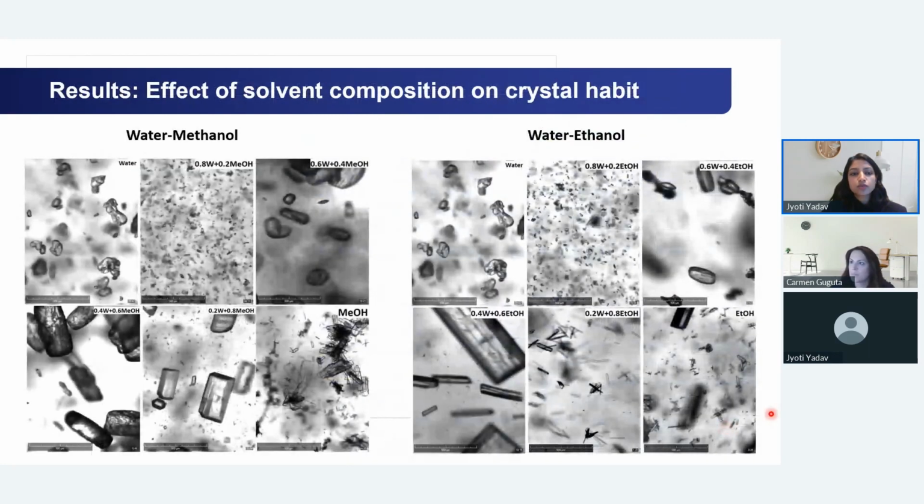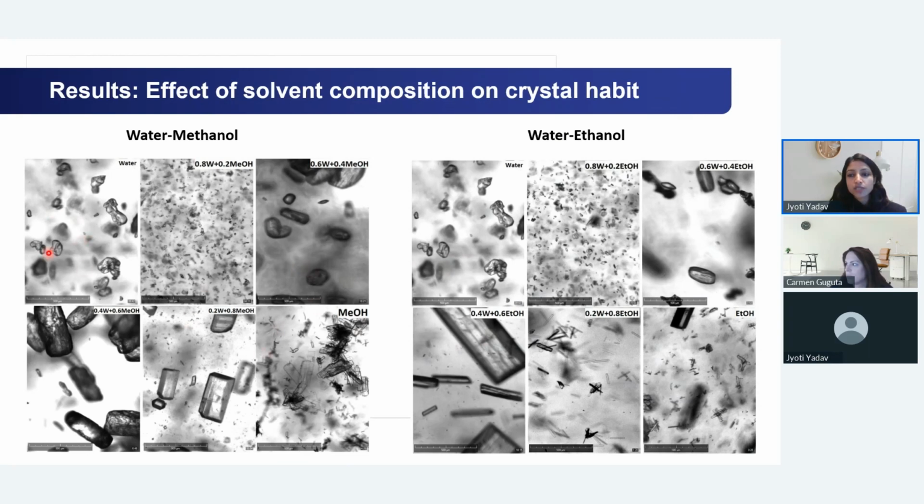Then coming to the effect of solvent composition on crystal habits from cooling crystallization experiments, these are the images taken during cooling crystallization in different solvent systems. The effect of solvent composition on crystal habit can be clearly noticed here.